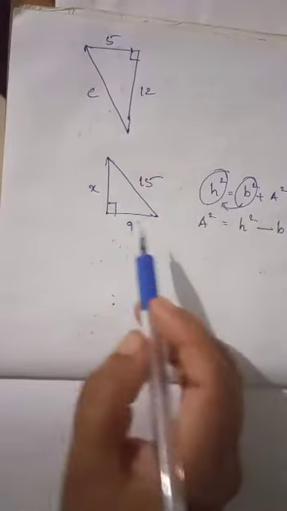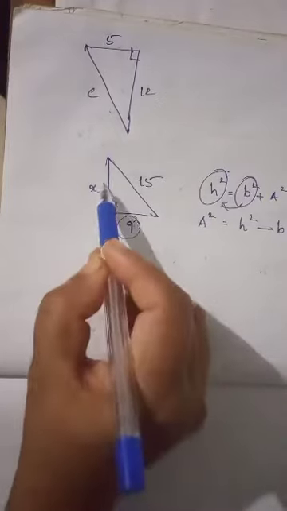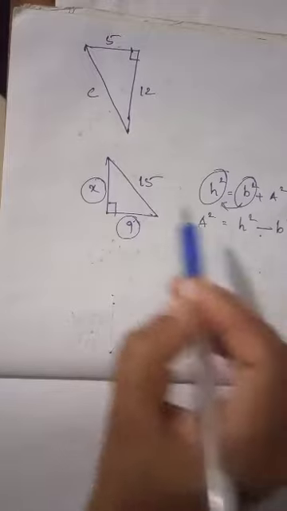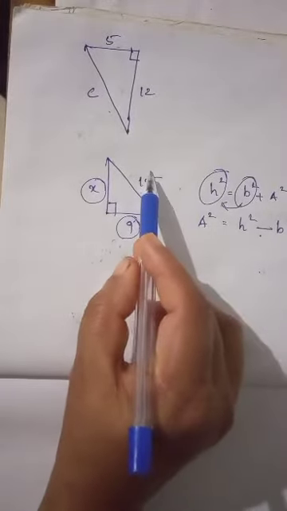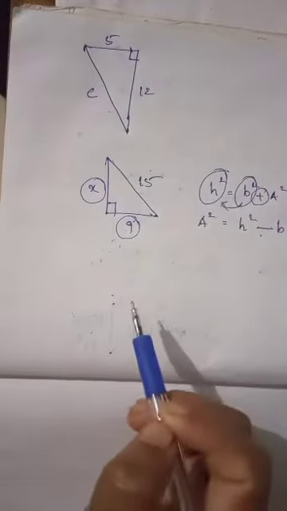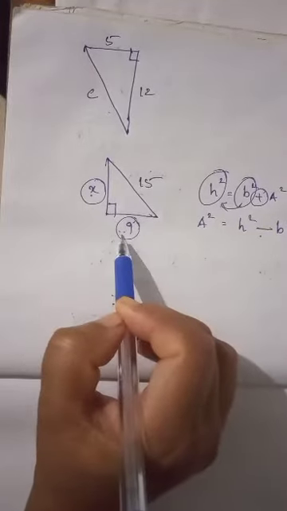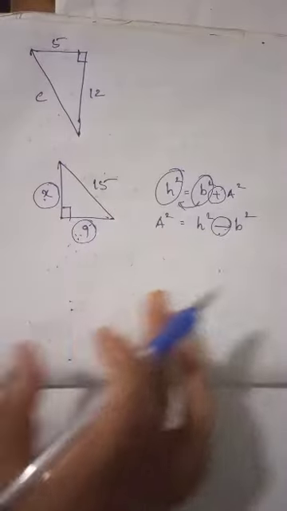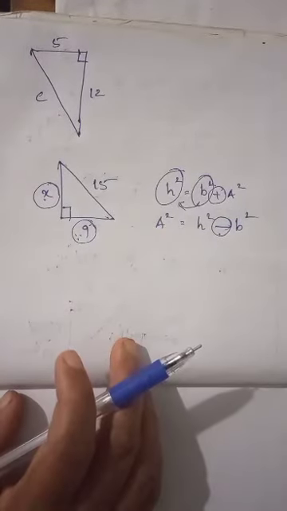That means if the smallest side we have to find out, we have to do subtraction. If the greatest side we are finding, you have to use addition. Any one of the smallest sides we have to find, you have to use subtraction: hypotenuse minus the other given side.